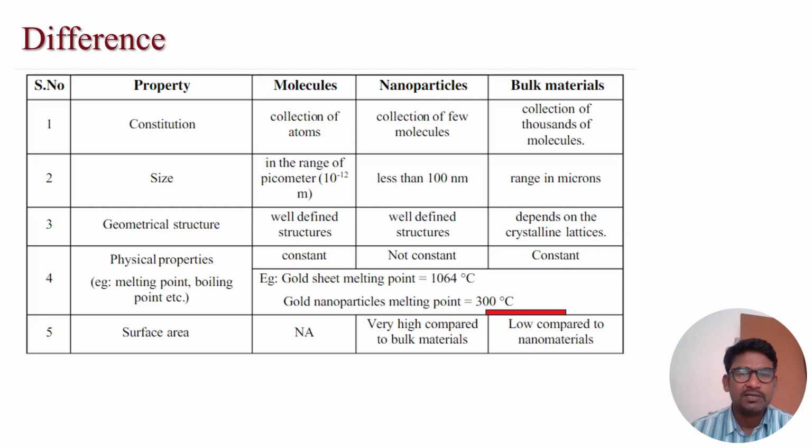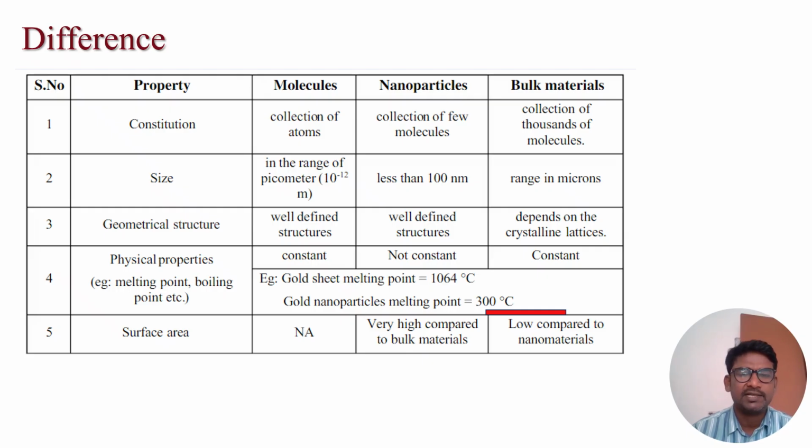Now let us look at the size. Molecules are always in the range of 10 to the power minus 12 meter, which means lower than the nanoscale, whereas the nanoparticles are in the range of 2 to 100 nanometer, whereas all the bulk materials are in the range of microns.